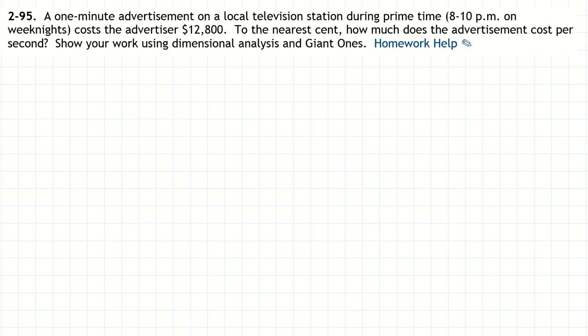Problem 29 is pretty straightforward, but I think we should take a look at it as well. So the first rate I'm given here, and they do a lot to define what prime time is, and there's numbers there, but they really don't have much to do with the problem. All I know is that if I buy a 1 minute ad during this special time, it will cost me $12,800.